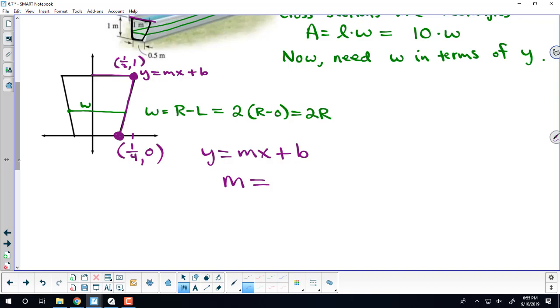We have the change in y over the change in x. So you have 1 over a fourth, which is 4.